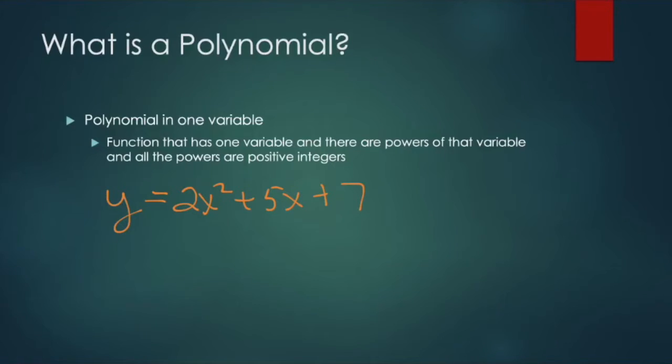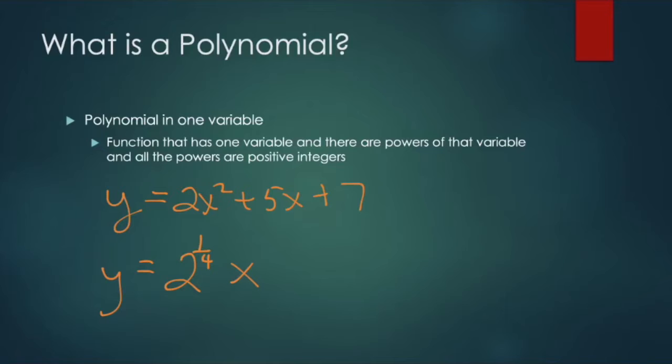For example, if I said 2 to the 1/4 x, that is a fraction exponent, but it's not on the variable, so that is not a problem. The exponent on the variable has to be a positive integer. So you have to have one variable, and all the exponents on the variable have to be positive integers.